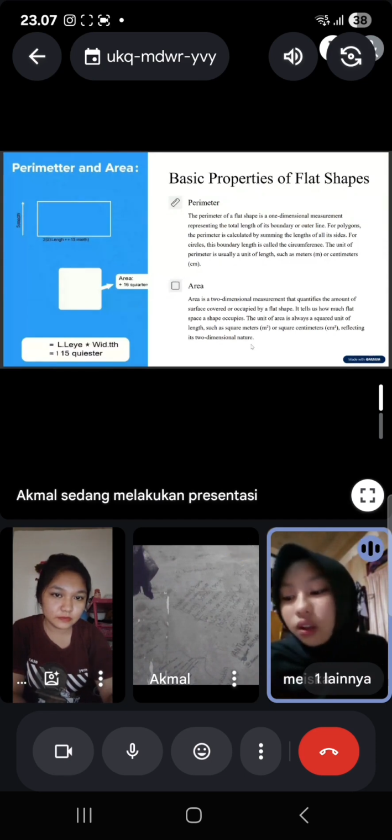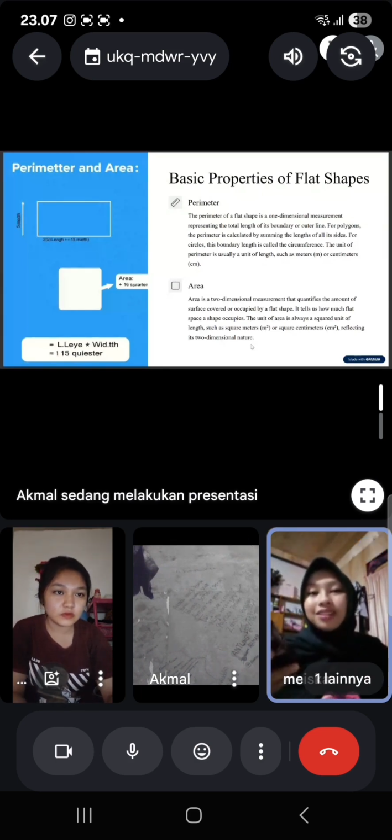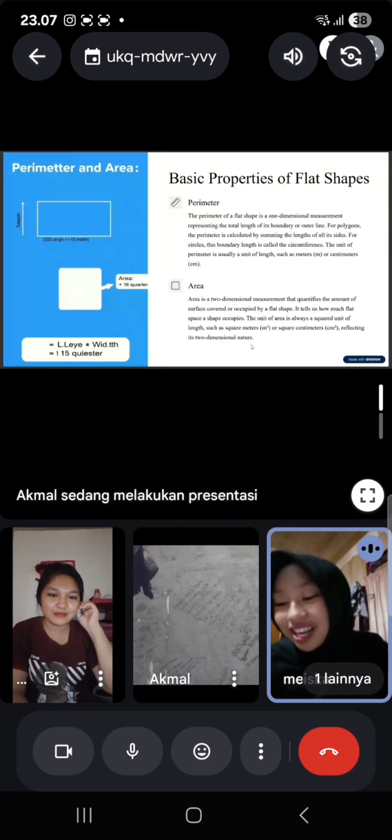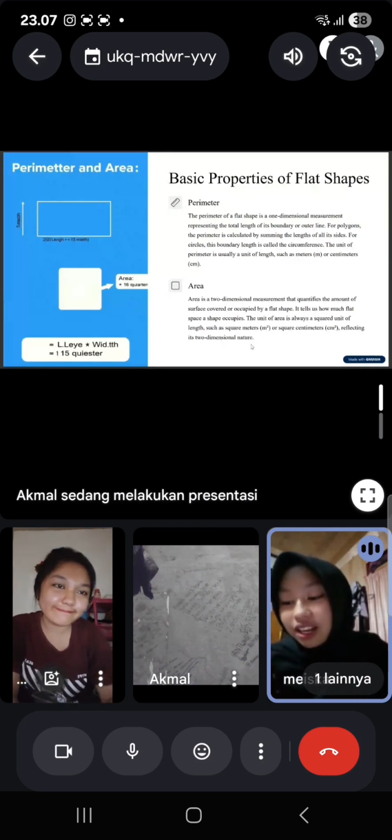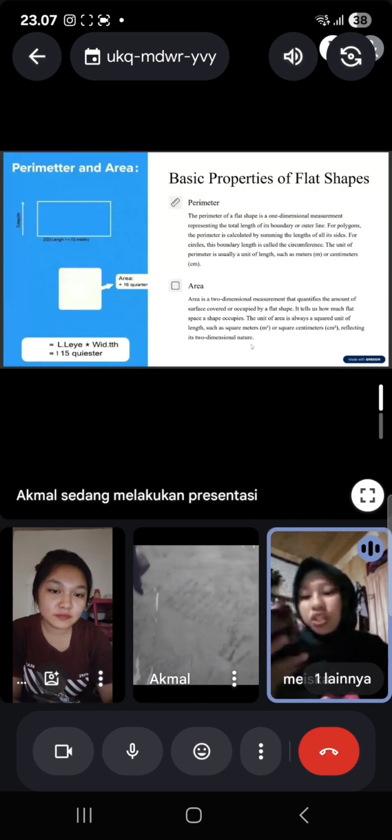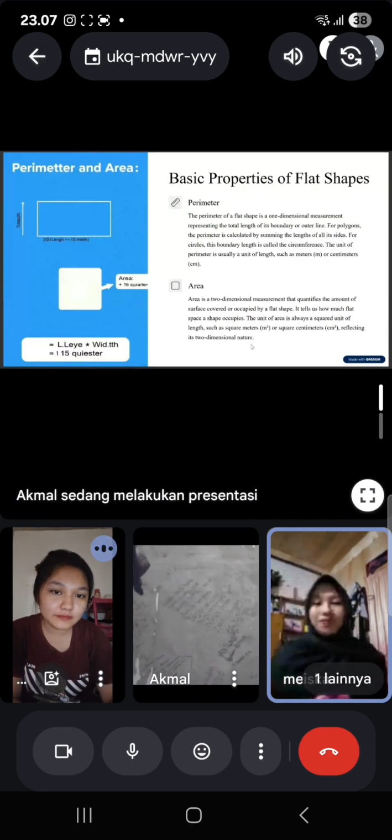The unit of area is always a square unit of length, such as square meters, m squared, or square centimeters, reflecting the two-dimensional nature.